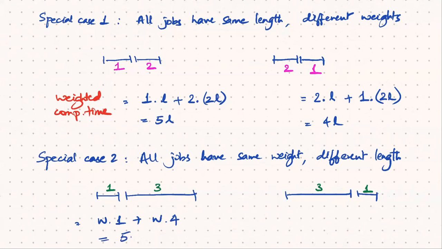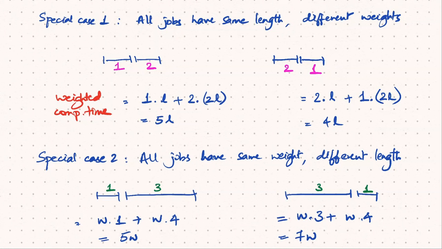For the second ordering, it is W times 3, the time at which this job completes, plus W times 4, the time at which this job completes. So here we have 7W.